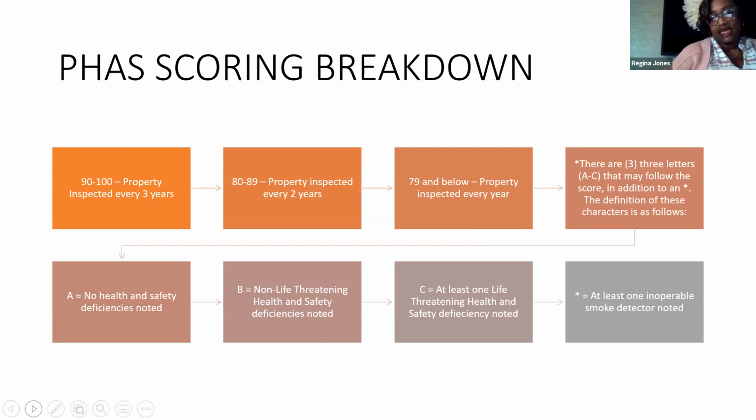If you see C, you have at least one life-threatening health and safety deficiency that has been noted by the inspector. And if you see this little asterisk, you have at least one inoperable smoke detector. So that explains what that little alphabet behind your score means.